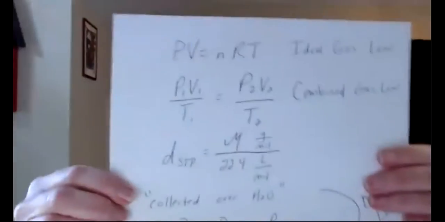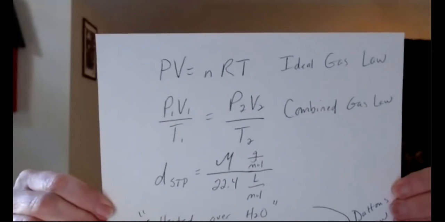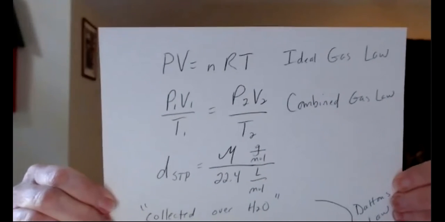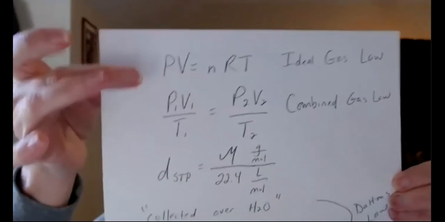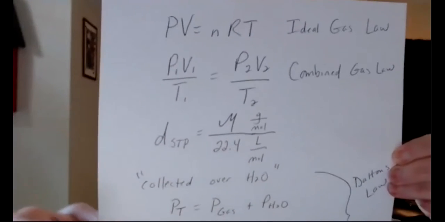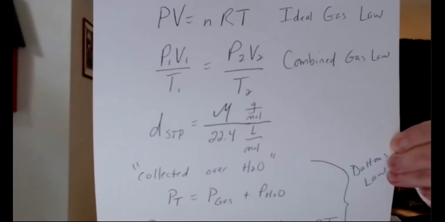Okay. Before I start answering questions, I have no new lecture material to go over. I'm just going to sum up. To do gas laws, there are 6 main formulas. Yes, they have names.